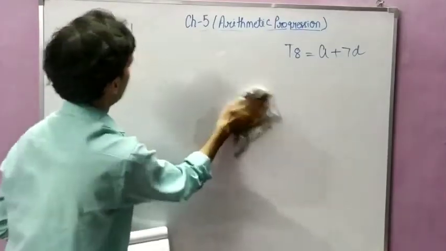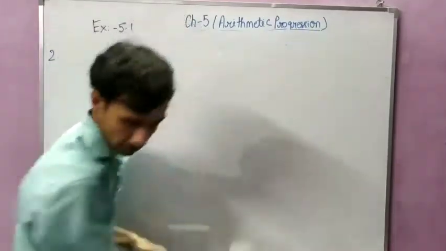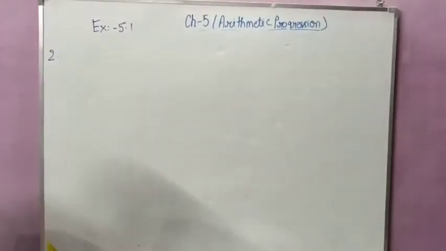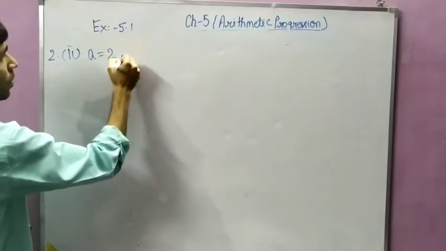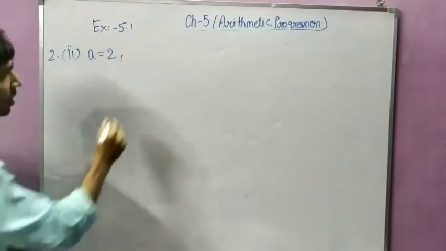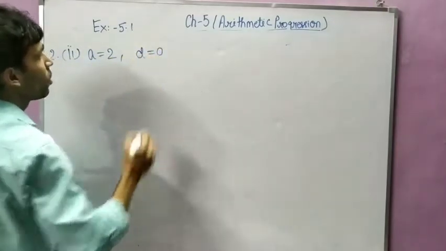The second part is that in which A is equal to 2, which is the first term, and the common difference D is equal to 0.